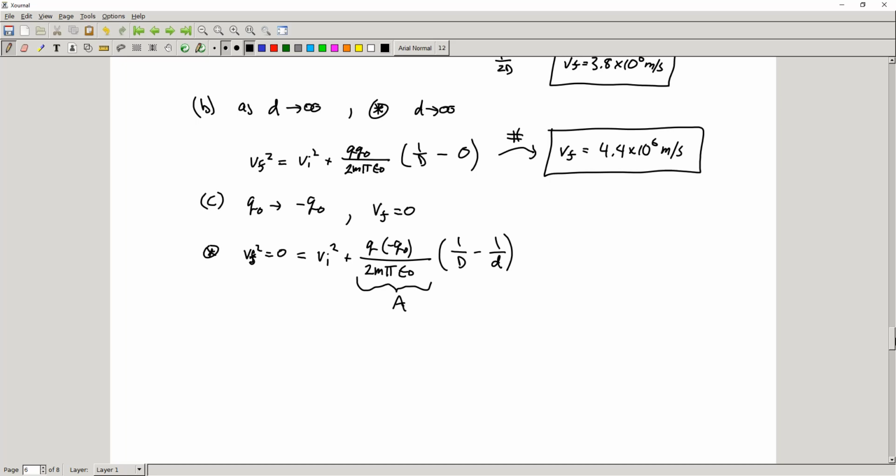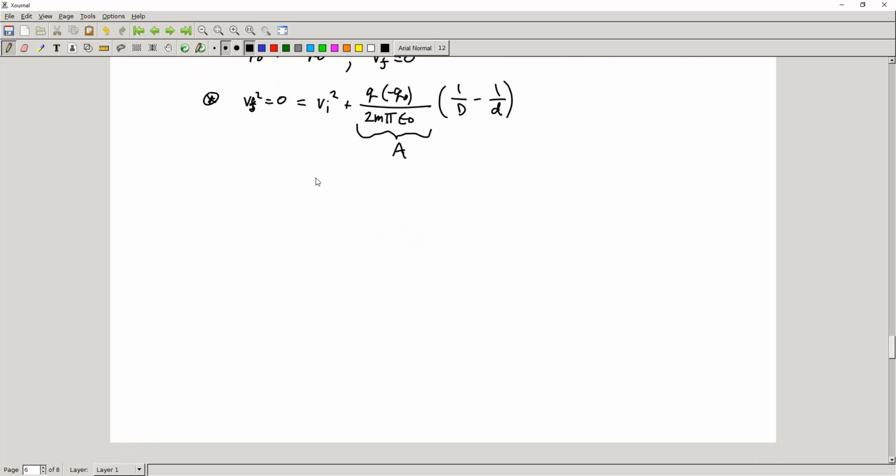If we do that, we're fine on space. So then we're just going to change that to an a, and so we end up with basically 0 is equal to v initial squared plus a over d, or no, wait, I should be careful about this. Let's clean this up a little further.